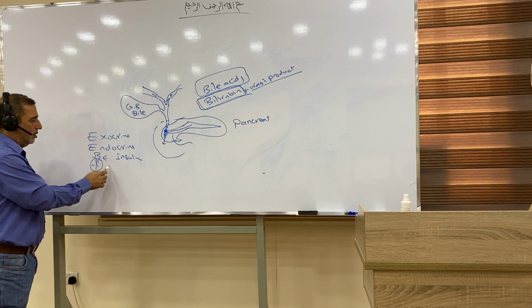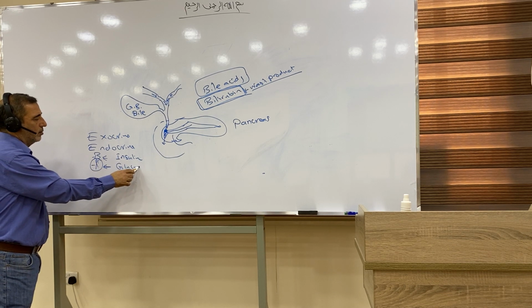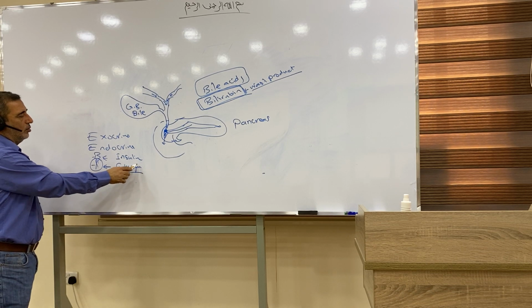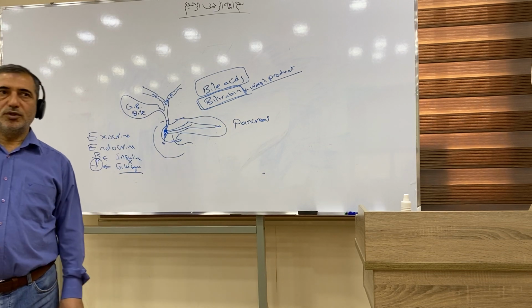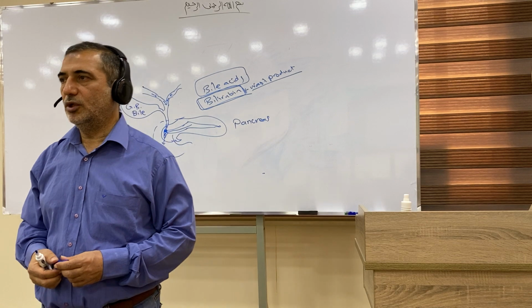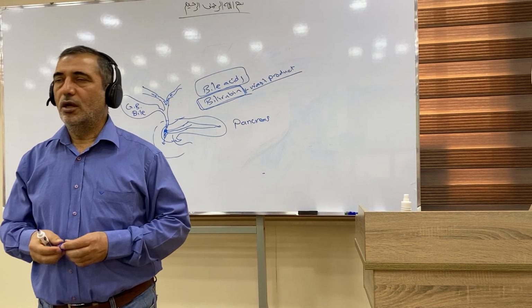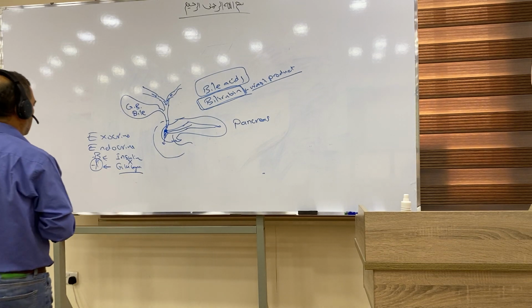While alpha cells are responsible for glucagon, and glucagon is contrary to insulin. Insulin decreases the glucose in the circulation, while glucagon increases the level of glucose inside the circulation.